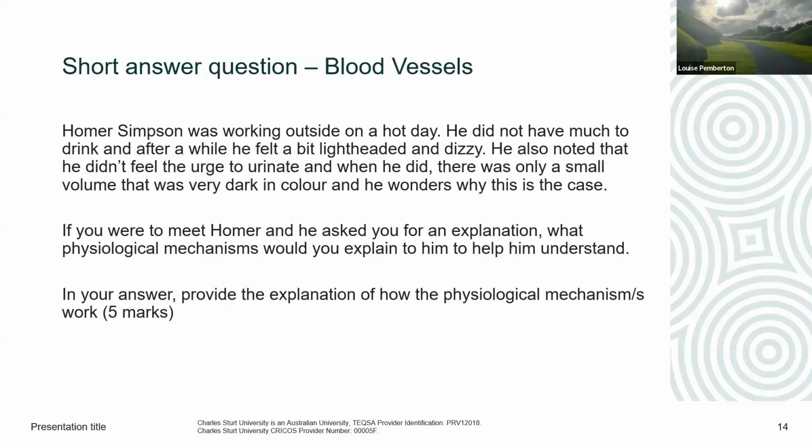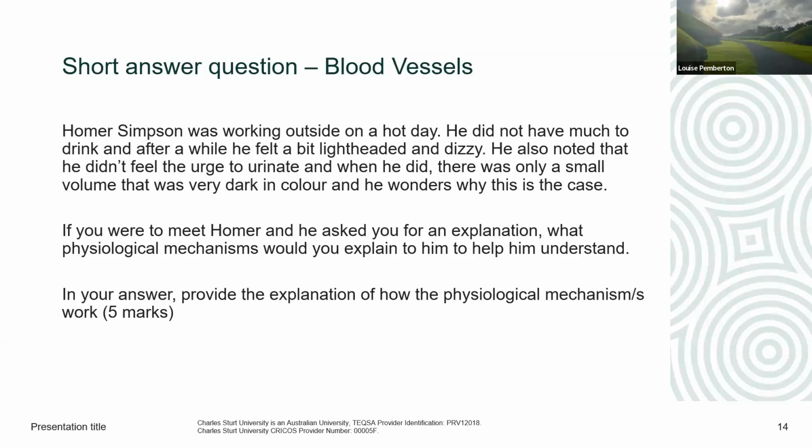What does antidiuretic hormone do? It stimulates thirst, so you're going to drink more water to rectify what's going on. But it also causes water retention from the filtrate in the kidneys; it moves back into the blood.